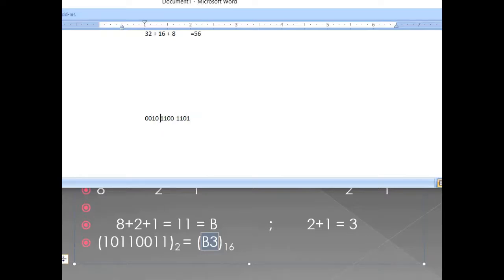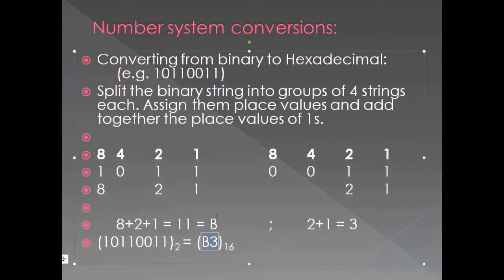Okay, always remember to add a 0 on the left hand side in order to make it a multiple of 4, and then break it into groups of 4 and then solve individually. 4 bits in binary make 1 digit in hexadecimal, just remember that.